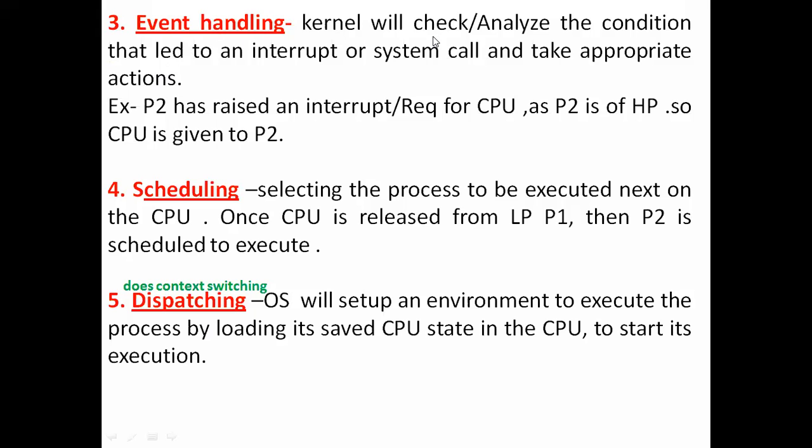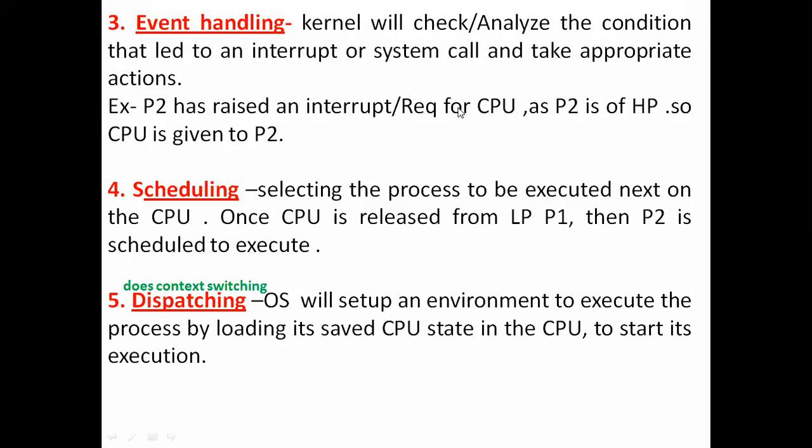So the kernel will analyze the conditions that caused the interrupt or system call, and the kernel will also take some appropriate actions. So for example, this P2 has arrived. Once the occurrence of P2 is there, by raising the interrupt, the second process, the so-called high priority process P2, is able to indicate that it wants the CPU.